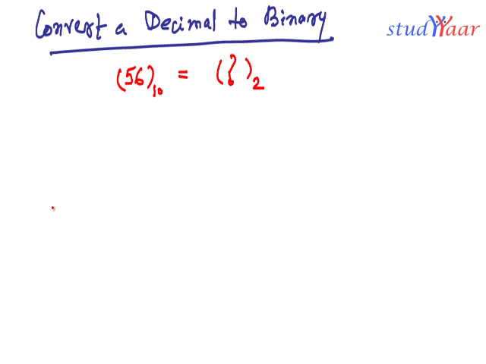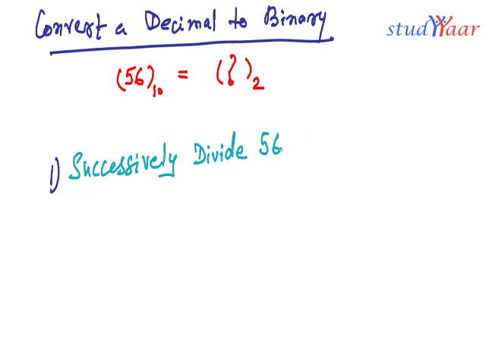Okay, what is this equivalent number? So what do I do over here? I successively divide 56 by 2 and store remainders, okay, at each step.